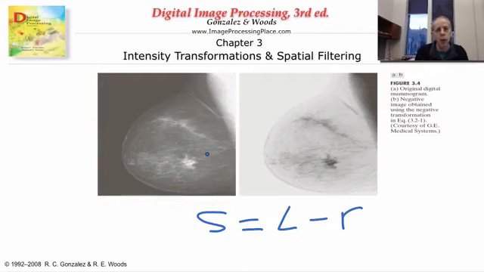Remember, early on we talked about the properties of the visual system, that there are certain contrasts that we perceive better at different levels of the background. We saw that some contrasts are perceived better in the dark regions, and some contrasts are perceived differently in the light regions. So this inversion might help us to perceive things that are difficult to notice in the original image.